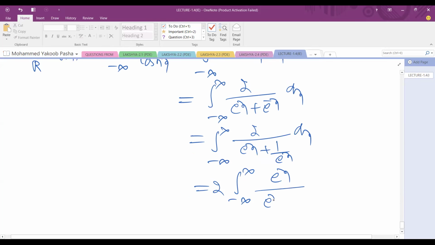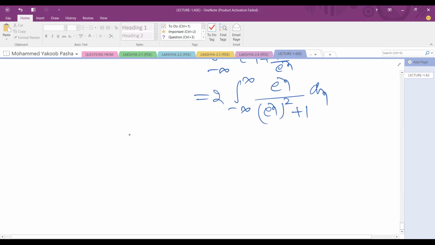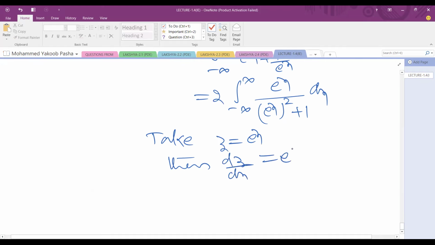So e power x into dx over e power x whole square plus 1. Now let us take some z equal to e power x. Dz by dx is equal to e power x. From this, dz is equal to e power x into dx.